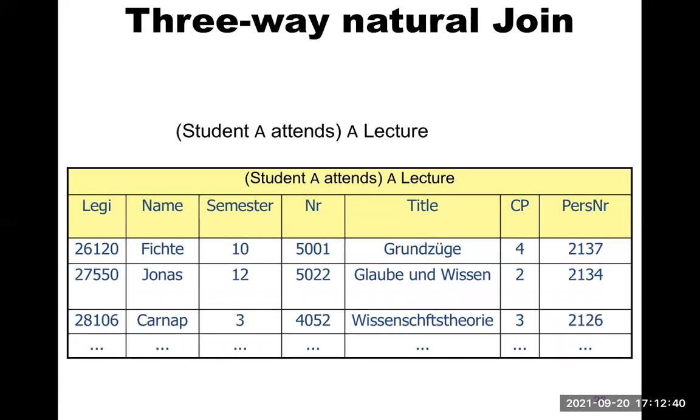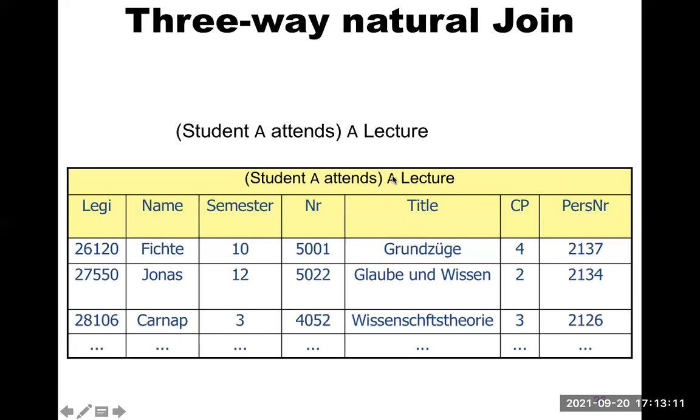Natural join may be performed in multiple ways. So student and attends, and then join with lecture. The result is all the data from student: student ID, name, semester, then the number of lectures that comes from the attendance record, and then join lecture. But if we stop after joining attendance, we'll have just these four columns.